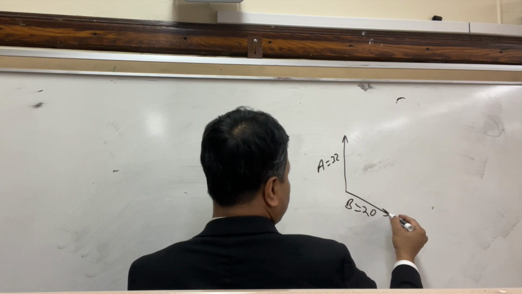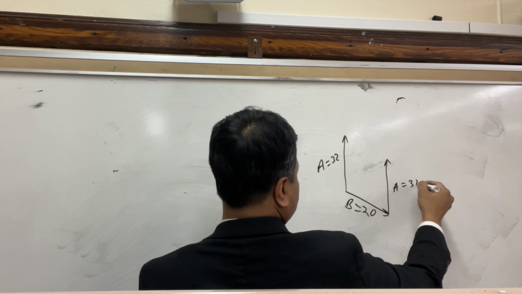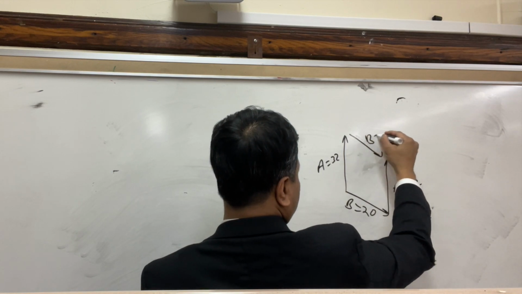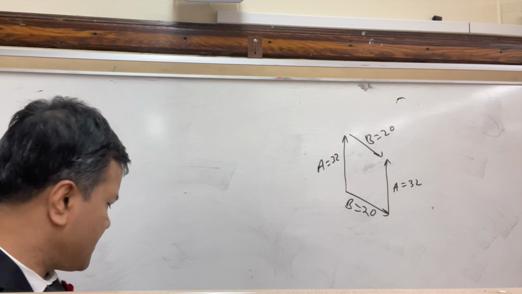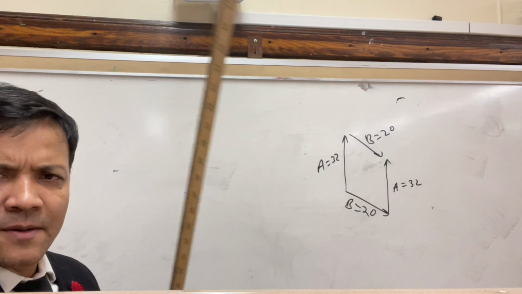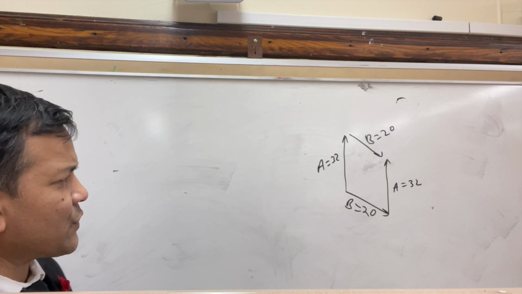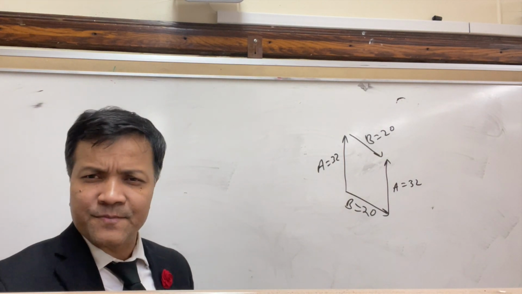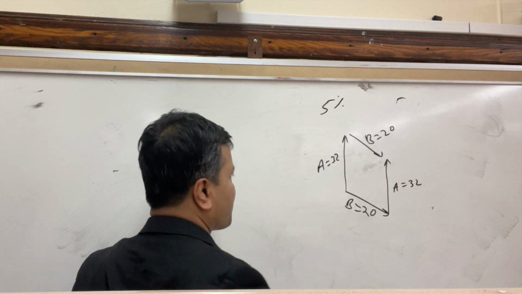However, I asked you to use the ruler and the protractor, so there would be human error but less. That's why I said that 5% would be acceptable.